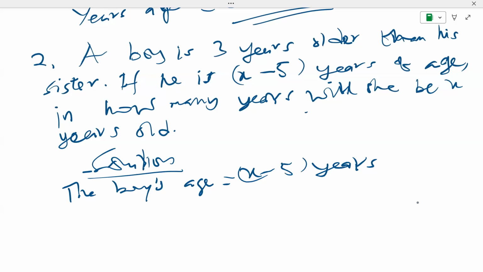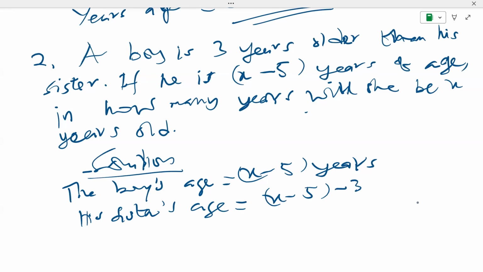Then we can compute that he's 3 years older than his sister. And so we can look at the age of the sister. His sister's age will be X minus 5 minus 3. And that will give us X minus 8. So let's look at it carefully.